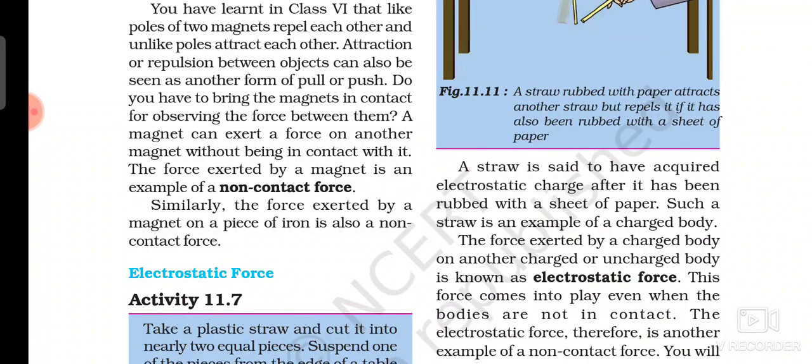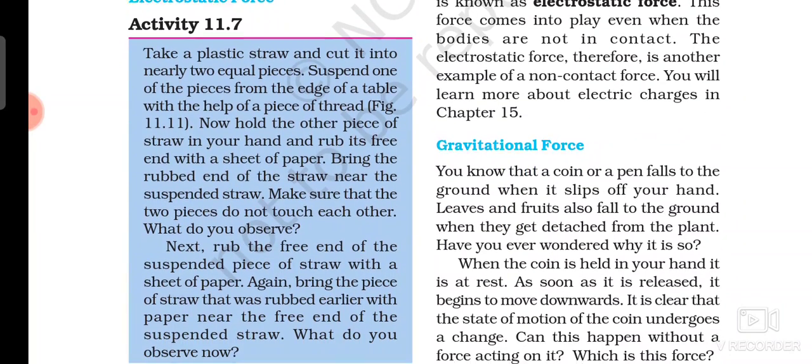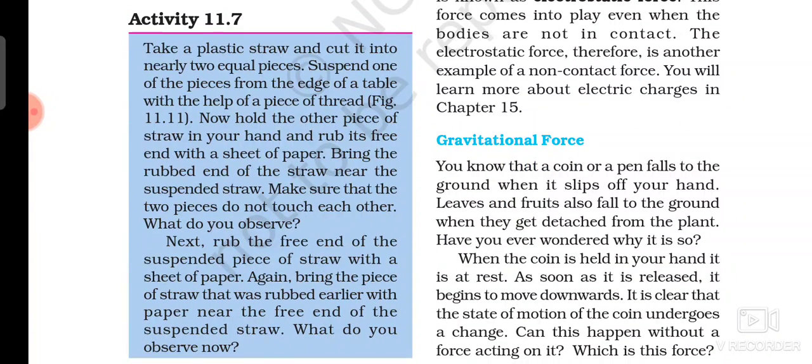Now the third type of non-contact force is gravitational force. It is the force of gravity, we say. It is the force exerted by the earth on all objects to attract them towards the earth. जब भी कोई एप्पल या फ्रूट ट्री से गिरता है, why doesn't it go up? नीचे क्यों आता है?